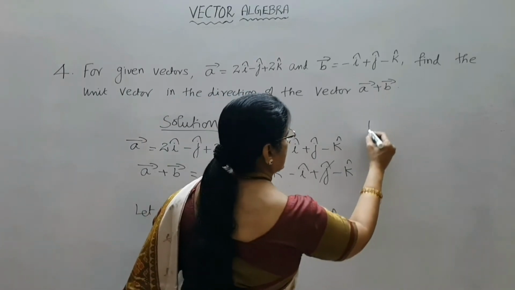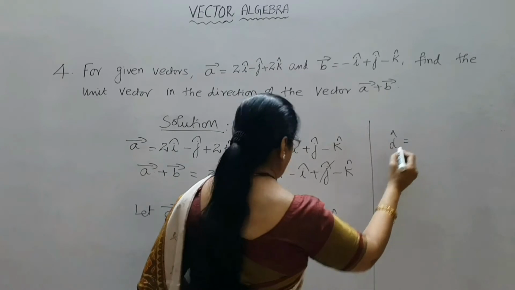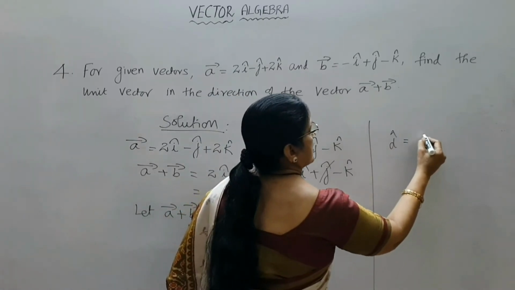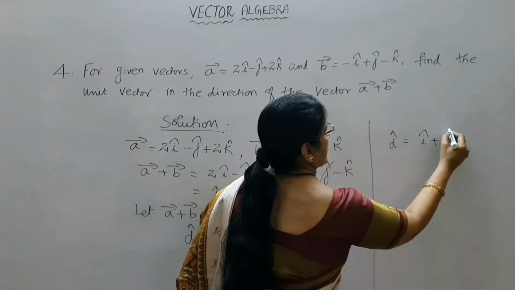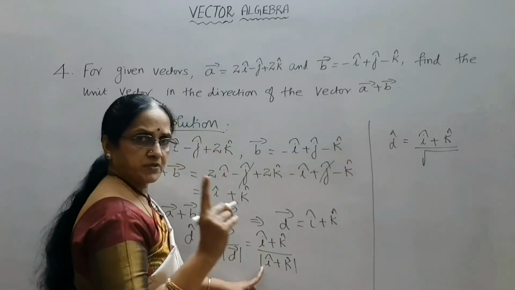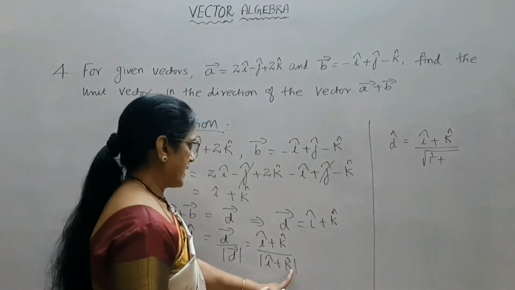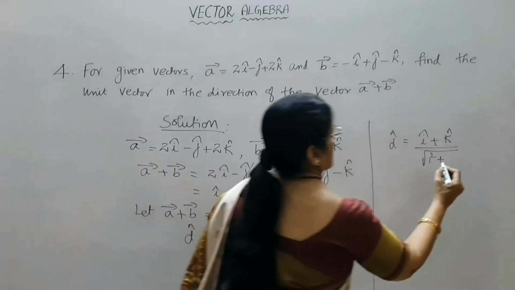This implies d cap is equal to i cap plus k cap by square root of, coefficient of i cap is 1, so you get 1 square, plus coefficient of k cap is also 1, so you get 1 square.